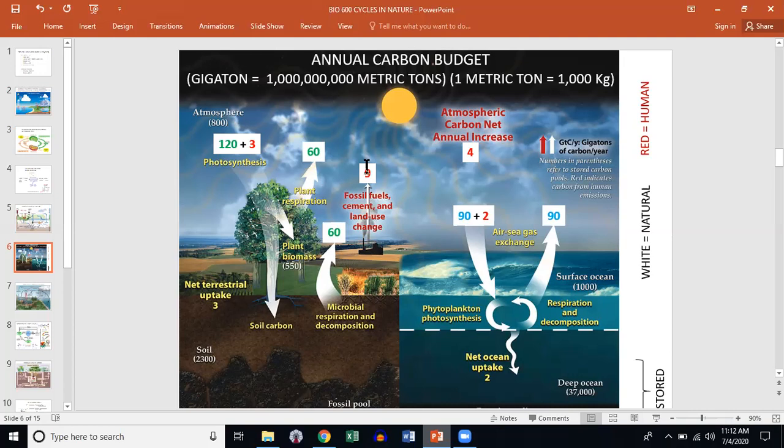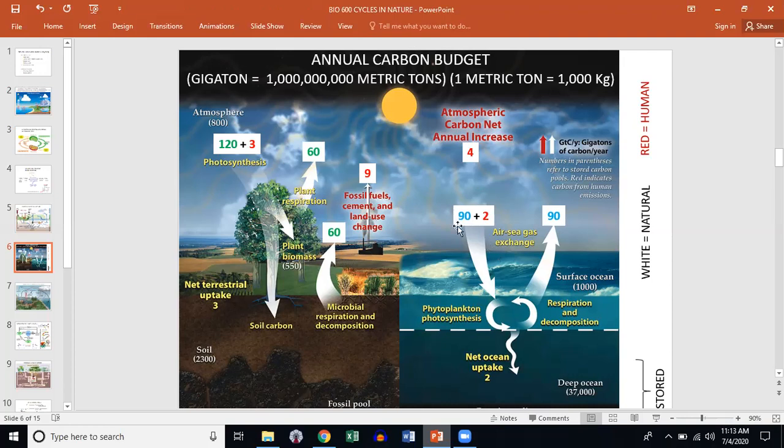Plus from the 9, sorry, 2 gigatons, all right? According to this estimation, 2 gigatons of this 9 get absorbed by the ocean phytoplankton.